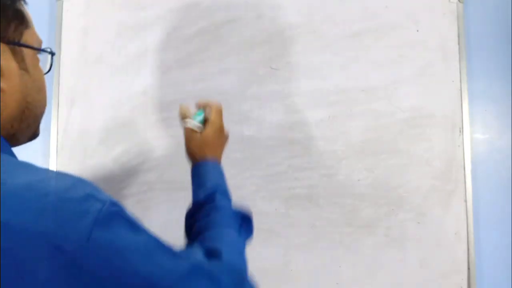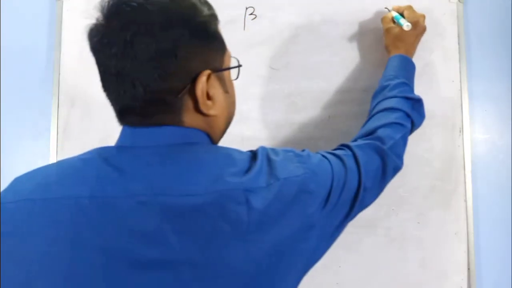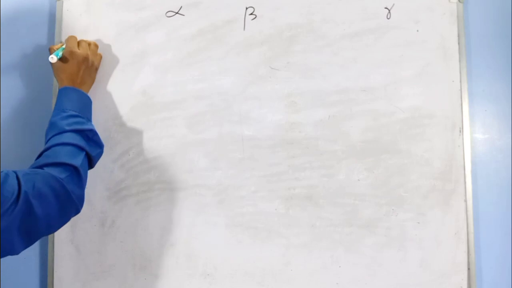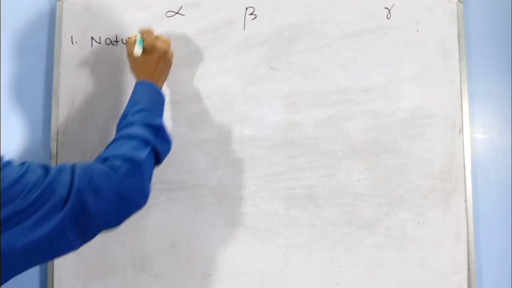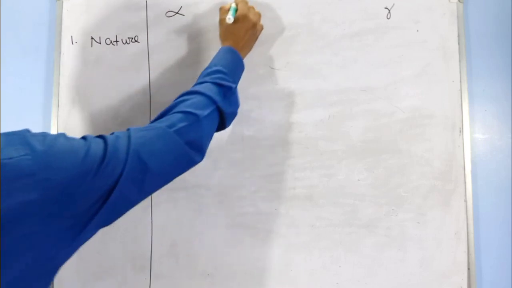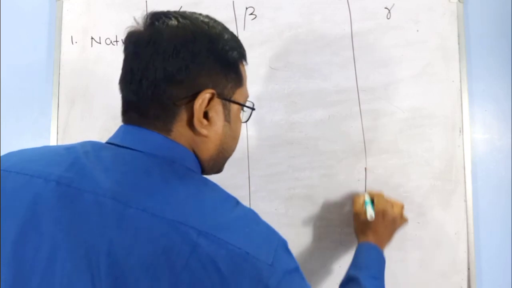In the columns alpha, beta and gamma, we take first the nature. What is the nature of alpha ray, beta ray, and gamma ray?